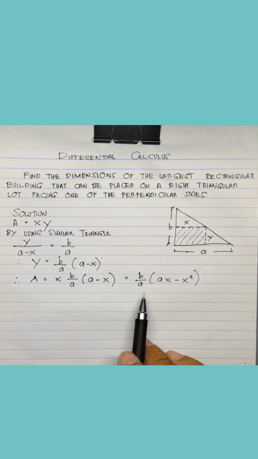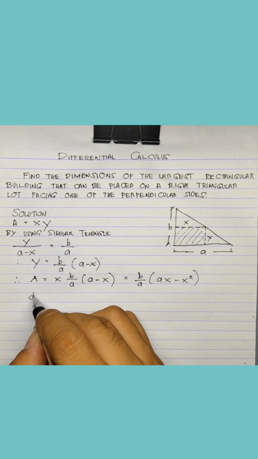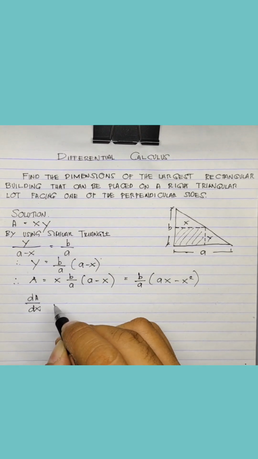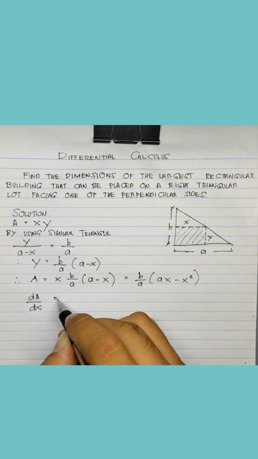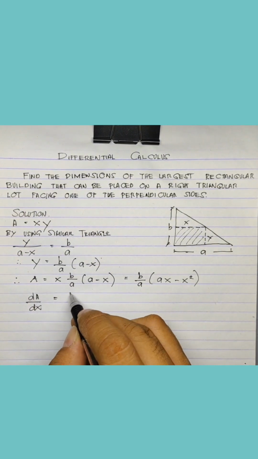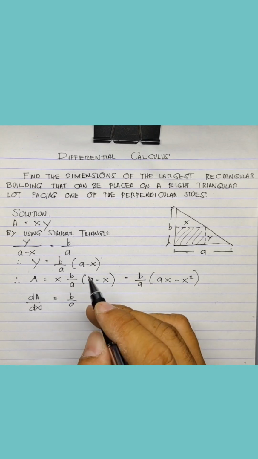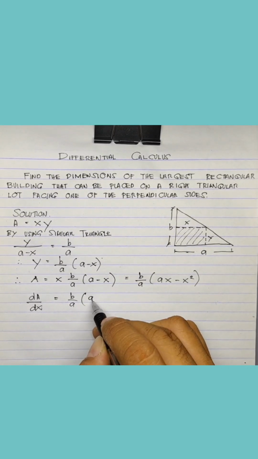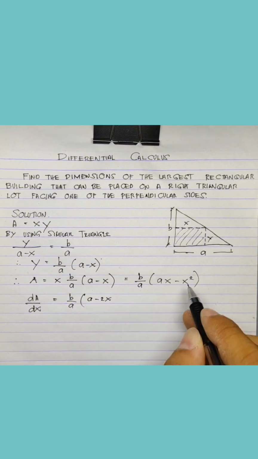Okay, so you get the differential here. The differential of A over dx will be B over A times A minus 2x differential here.